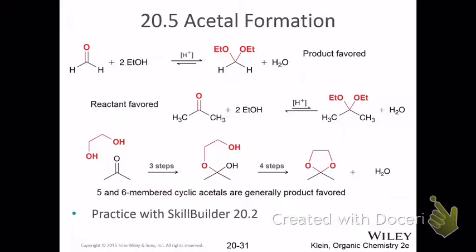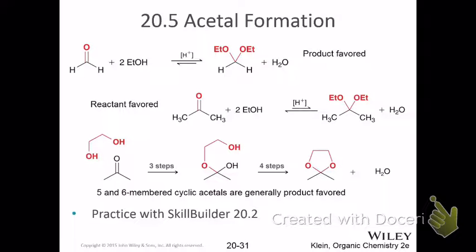Okay. Now, one of the common uses of this reaction is to form protecting groups on carbonyl functional groups.